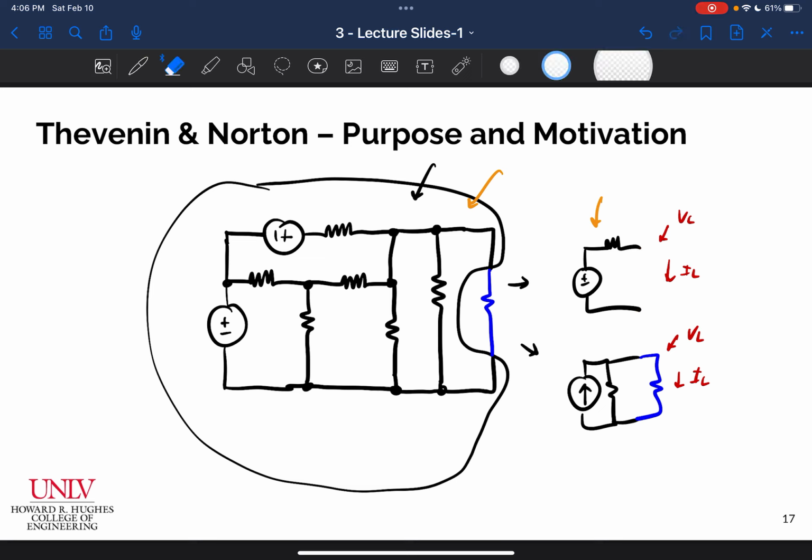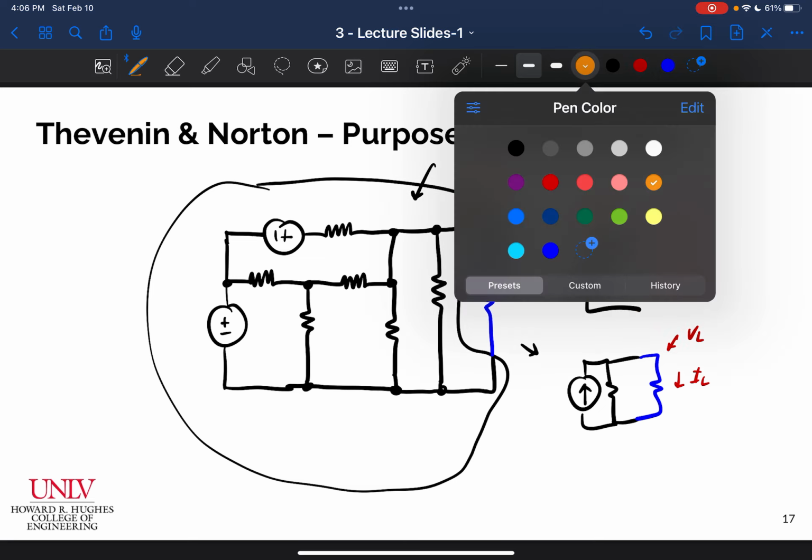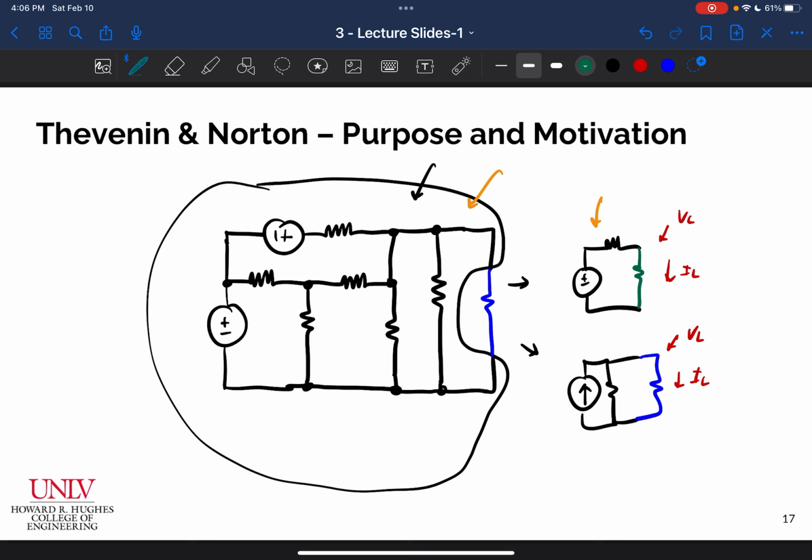And then if I didn't want that, oh, my orange one's actually not what I wanted, I actually want to see how my green resistor does in there, maybe that's a 100 kilo ohm resistor. Now again, all I have to solve is a voltage divider, and we know that that equivalent circuit is going to behave the exact same way that this circuit would, and it would give me the same load voltage and current. Okay, so that is the purpose of Thevenin and Norton.